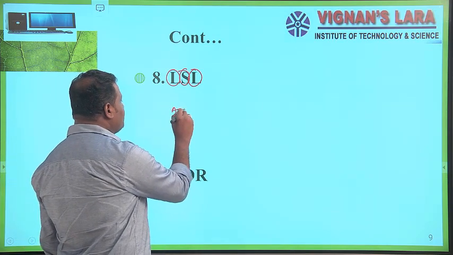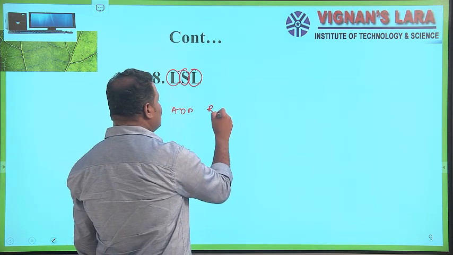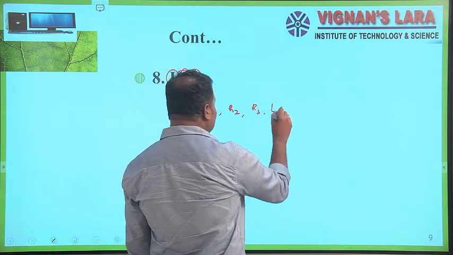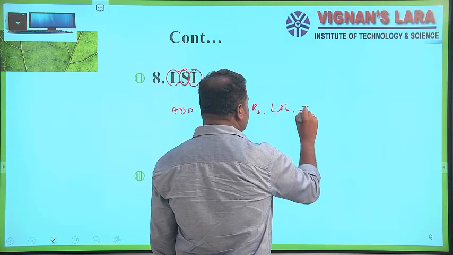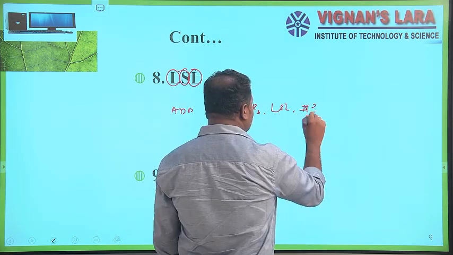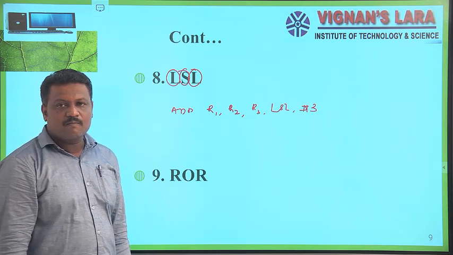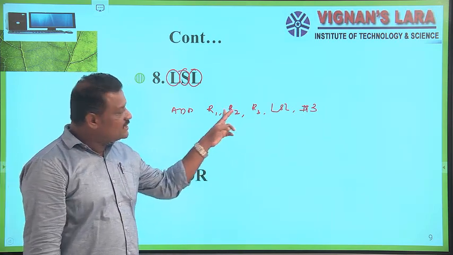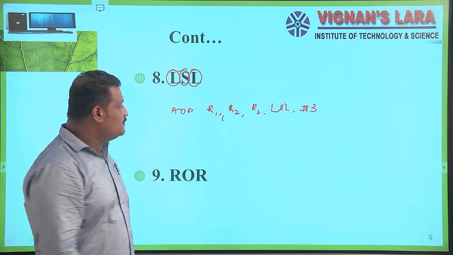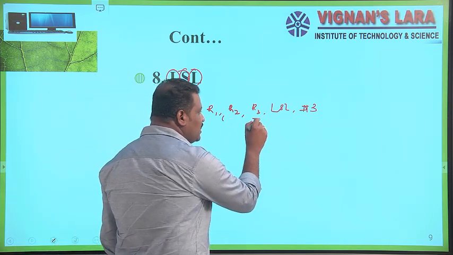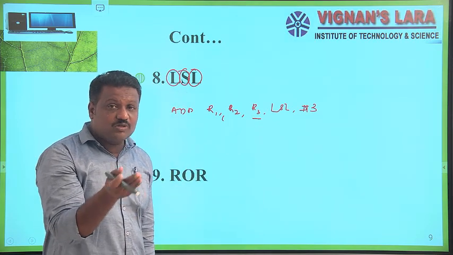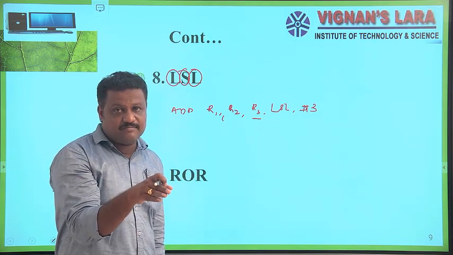ADD R1, R2, R3, LSL #3. The meaning of this one is, before adding the R3 content with R2, first apply a logical left shift on the content of R3 in order to increase whatever value R3 already has.